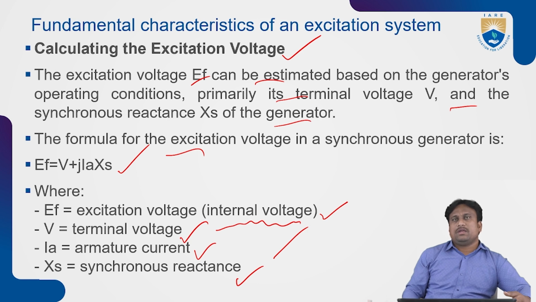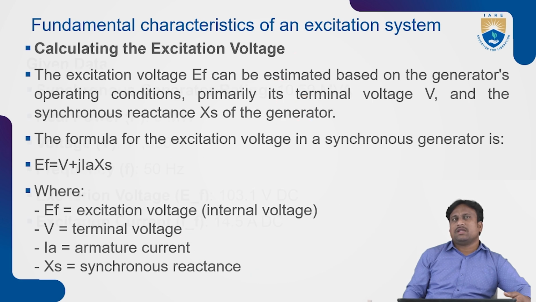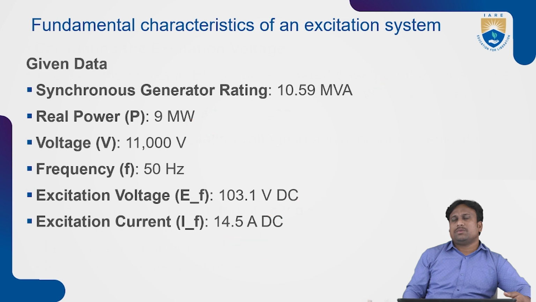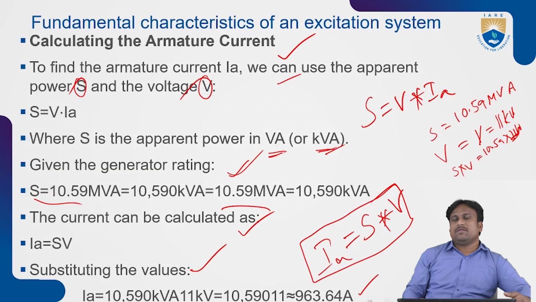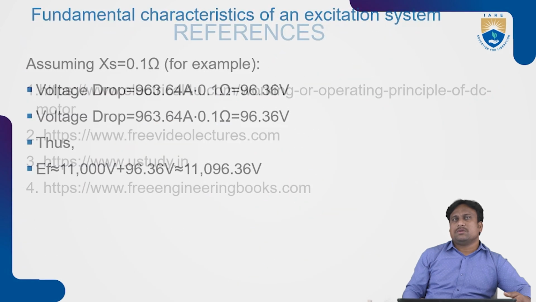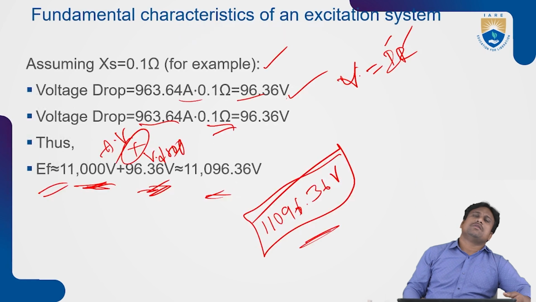When you maintain these parameters with respect to the internal voltage, then the excitation voltage can be easily estimated, based on the usual generator operating conditions. Primarily, the terminal voltage V and synchronous reactance XS become constant for the given generator set, so they are treated with respect to the given system. That gives suitable results for excitation of the generator system.